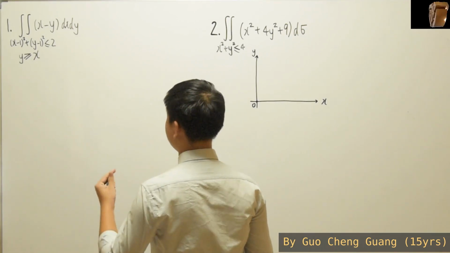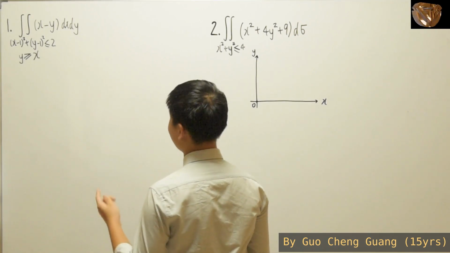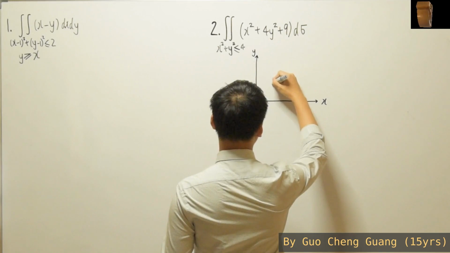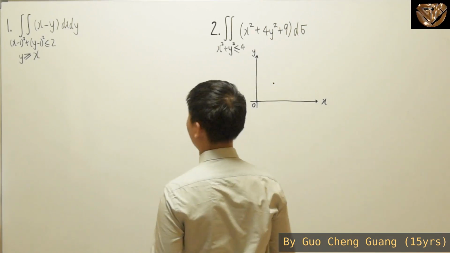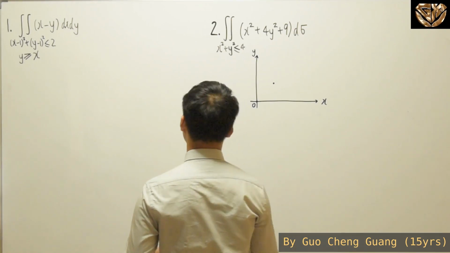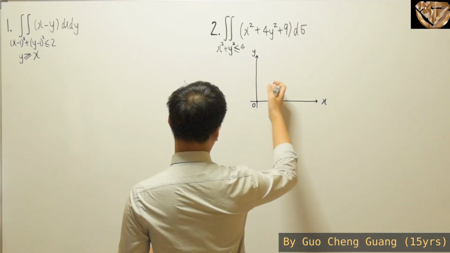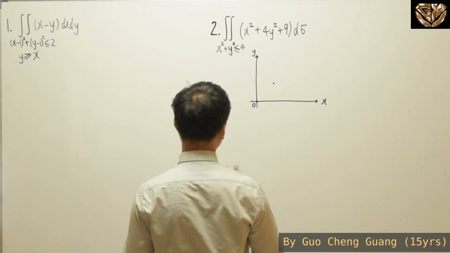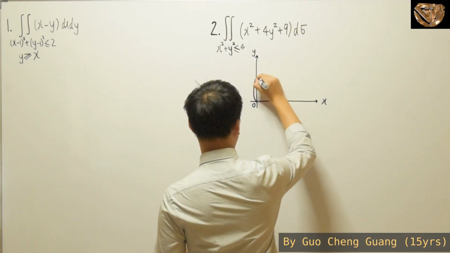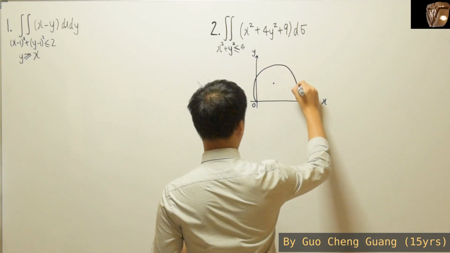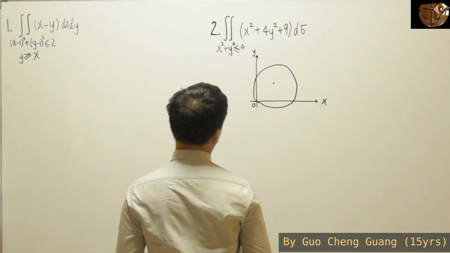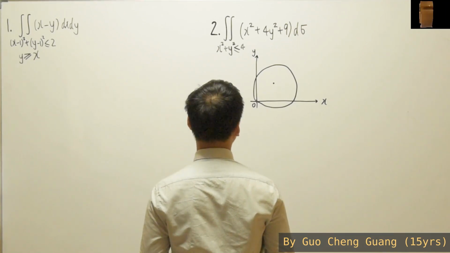That means this is a function of a circle, and this circle is centered at (1, 1). Its radius is square root 2. If it's at (1, 1), its distance away from the origin is perfectly square root 2, so it will pass through your origin. It will look something like this.